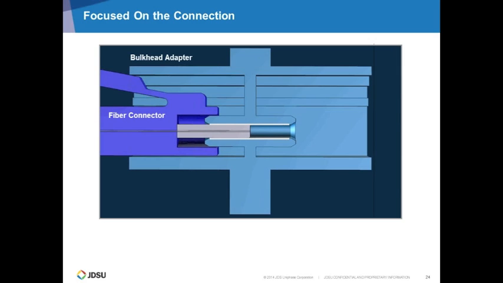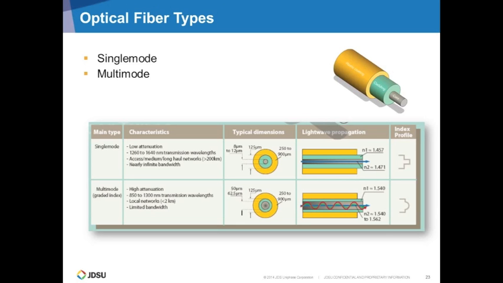The single mode fiber is working on longer distances. Multi-mode fiber is working on a shorter distance, but it's easier to deploy due to the core size and not being sensitive to dirt. And we'll talk about it a little bit later.